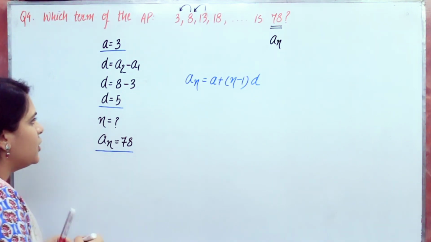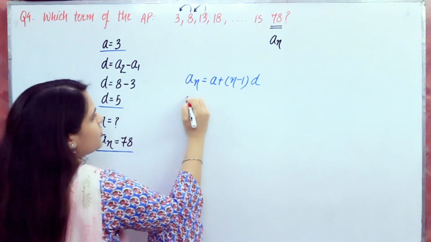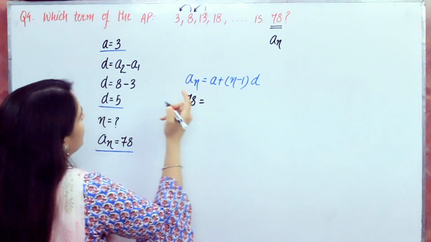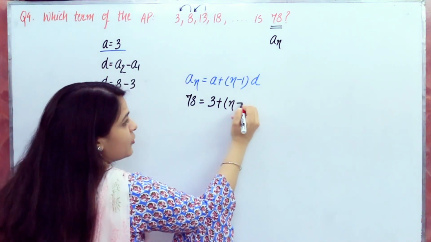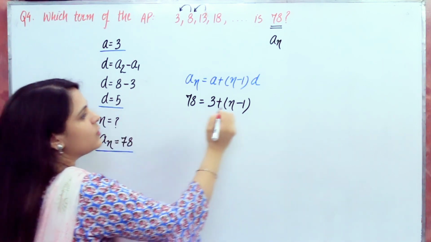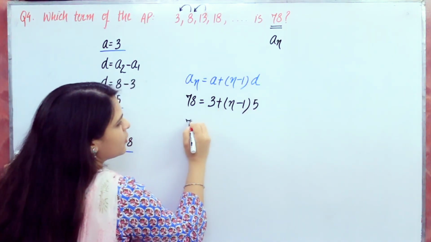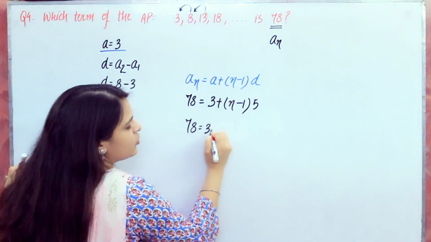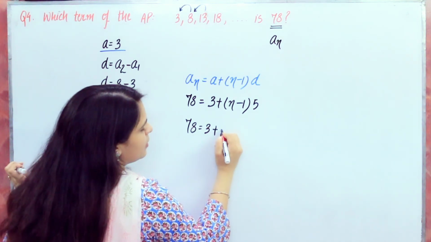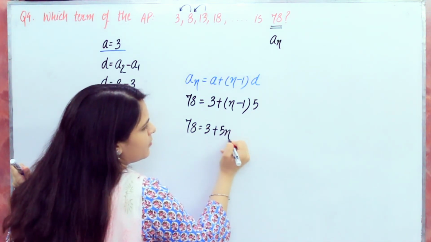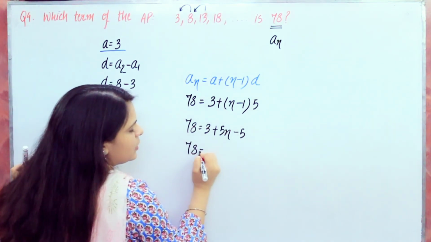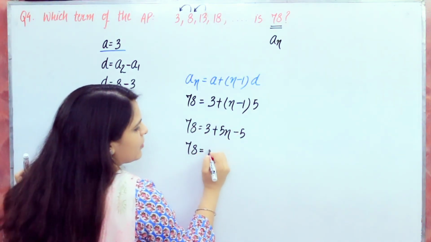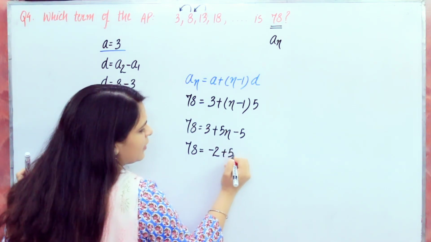Now we will substitute our values. An is equal to 78, value of A is equal to 3, value of n you have to find, and value of D is equal to 5. So 78 is equal to 3 plus 5n minus 5. Now 78 is equal to 3 minus 5 is minus 2 plus 5n.